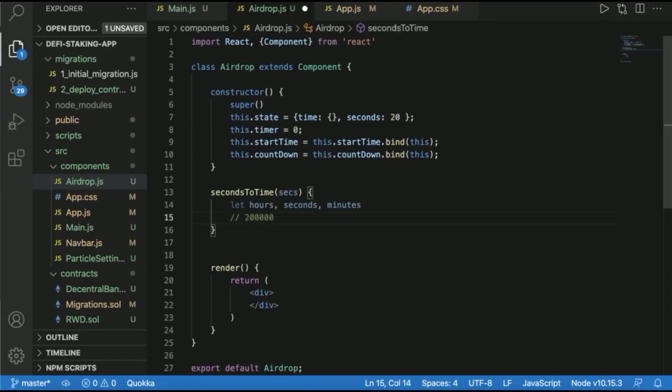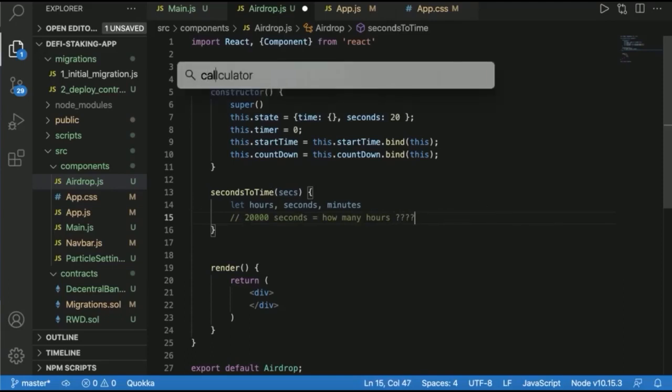Is this 20,000? 20, 200, 2,000, 20,000, 200,000. Sorry, that's 200,000. Fine, there, 20,000. So we want to calculate 20,000 seconds equals how many hours?